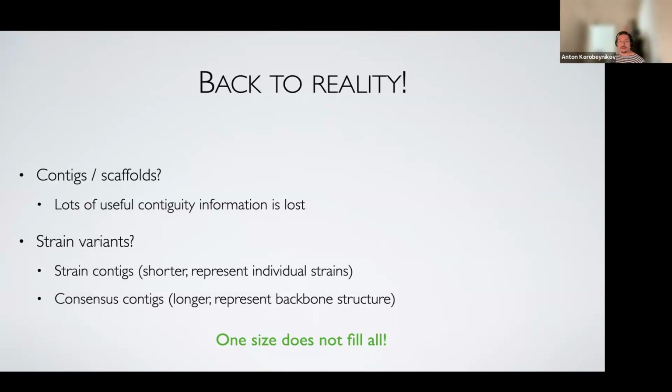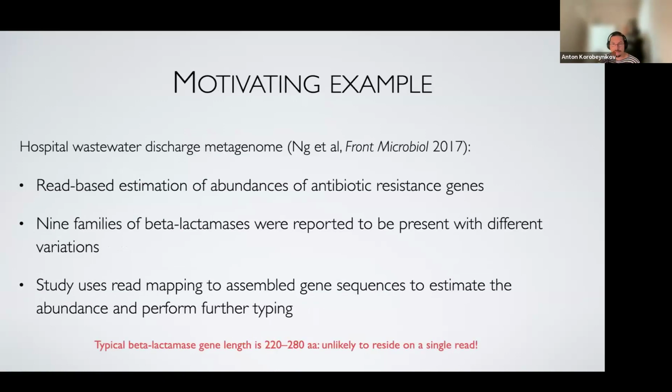So one size doesn't fit all, and we need to do something. We essentially need to go one step back and figure out what the proper result of genome assembly is.